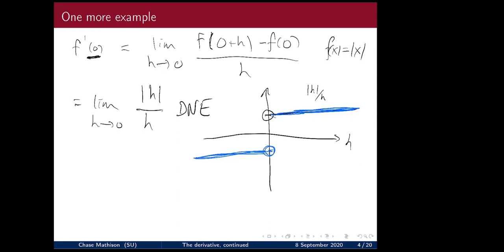Well, what was something that we learned before about one-sided limits and the limit overall? If I look at the limit as h approaches 0 from the right of absolute value of h over h, that limit does exist, right?